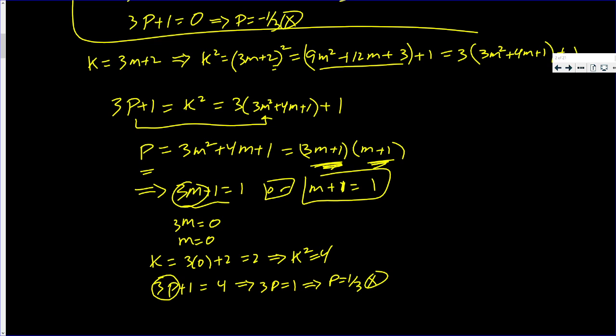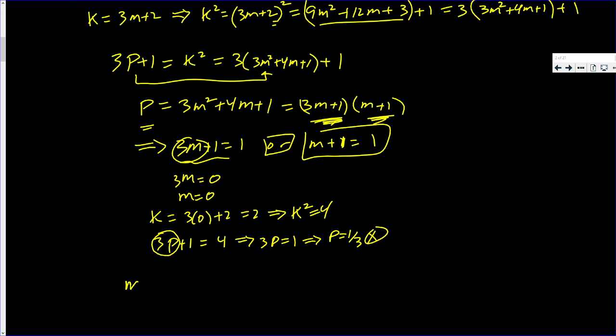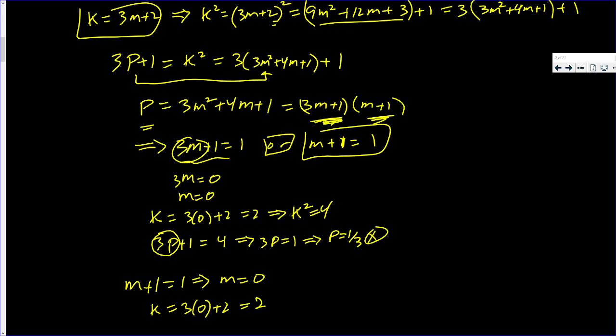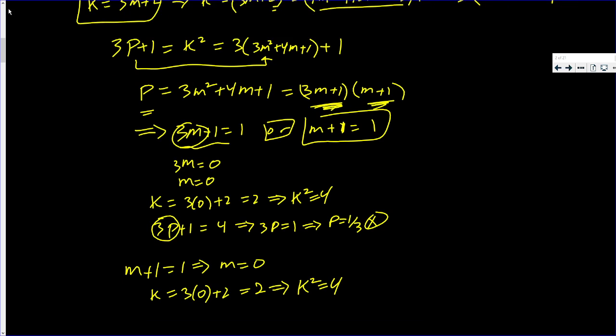m plus 1 is 1. That implies that m is 0. Okay, but k is 3 times m plus 2, which is 2. At k equals 2, that implies that k squared is 4.